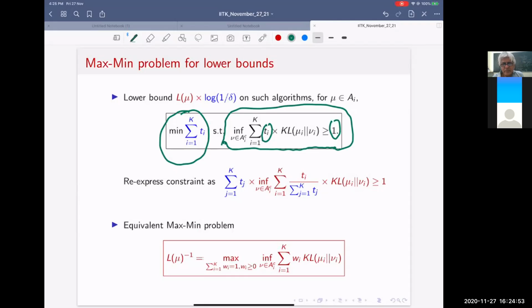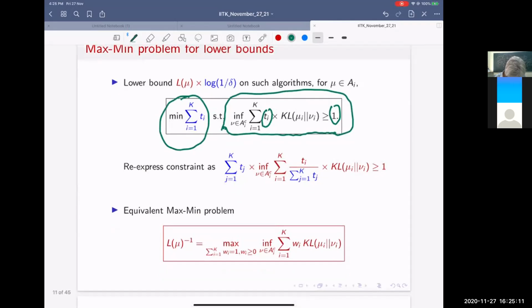Because summation Ti is just the number of times I'm pulling each of these arms, it's the total number of times I'm pulling arms. It's the expected amount of computational effort. So any algorithm will have expected computational effort lower bounded by this. Just from that one inequality, this follows. I can multiply and divide by summation Tj above and below. Now minimizing this quantity is the same as maximizing this quantity, and Ti upon summation Tj are just the weights in a simplex.